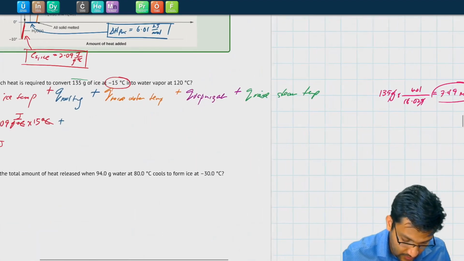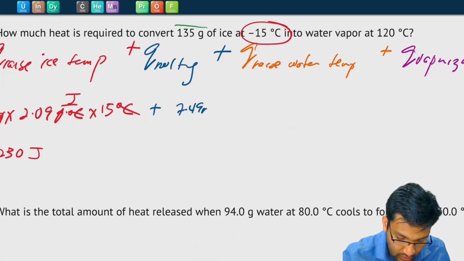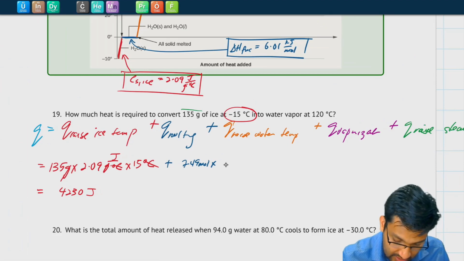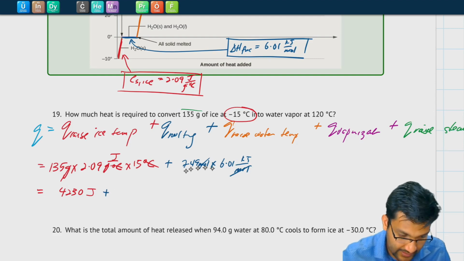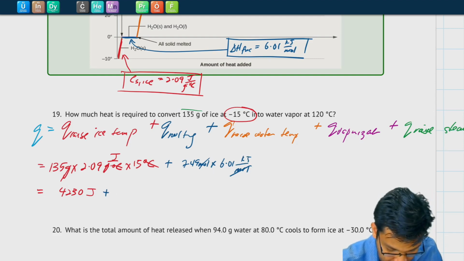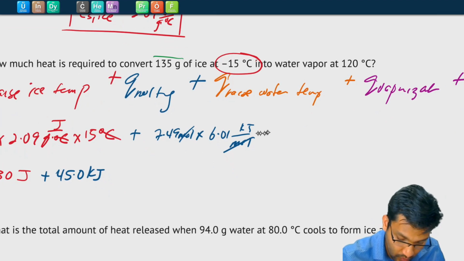Okay, so we have 7.49 moles times the heat of fusion, which is 6.01 kilojoules per mole. So this comes out to be kilojoules, and I believe this is 45.0 kilojoules. Okay, now let's deal with heating the water from 0 degrees to 100 degrees, right?